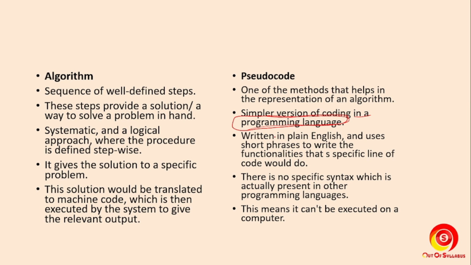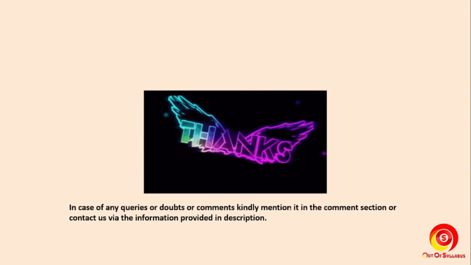Here you can use clauses like if, else, etc. There is no specific syntax or hard and fast rule. This means it cannot be executed on a computer. So these are the differences between algorithm and pseudocode.